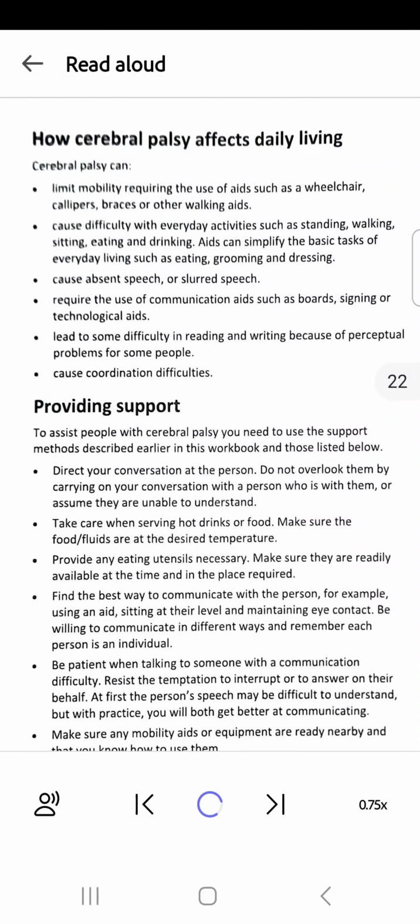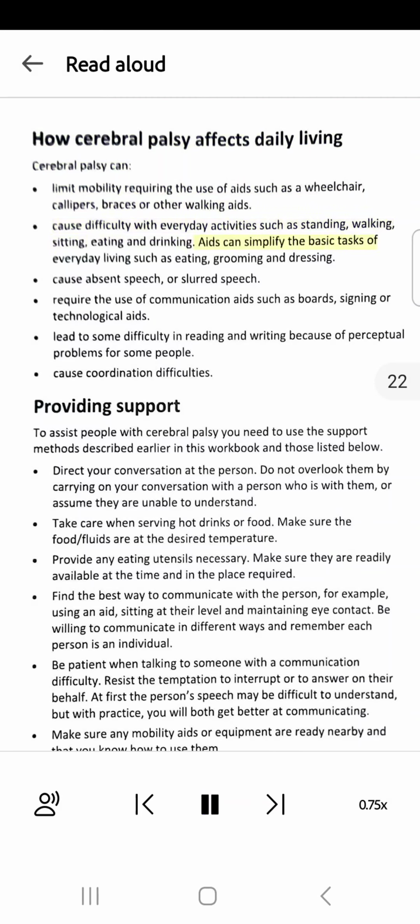18. How cerebral palsy affects daily living. Cerebral palsy can limit mobility, requiring the use of aids such as a wheelchair, calipers, braces or other walking aids, cause difficulty with everyday activities such as standing, walking, sitting, eating and drinking.